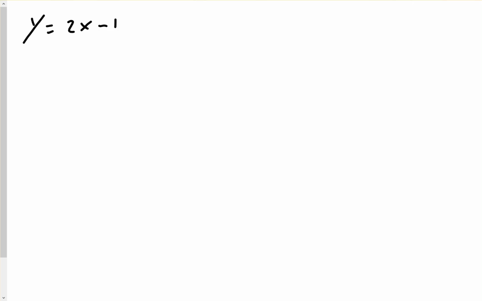One thing we could do for this one, y equals 2x minus 1, is say that we have t equal to 2x, and then we could have y equal to t minus 1.